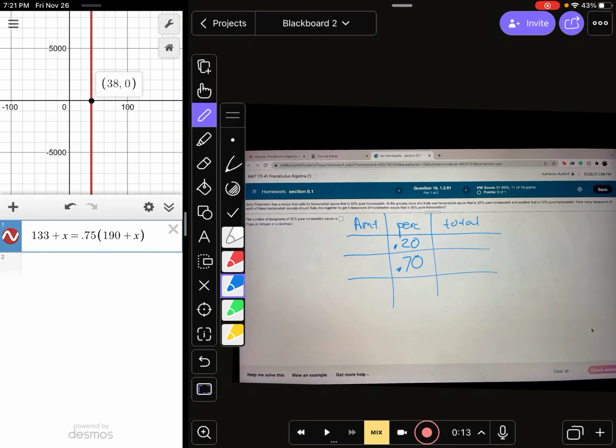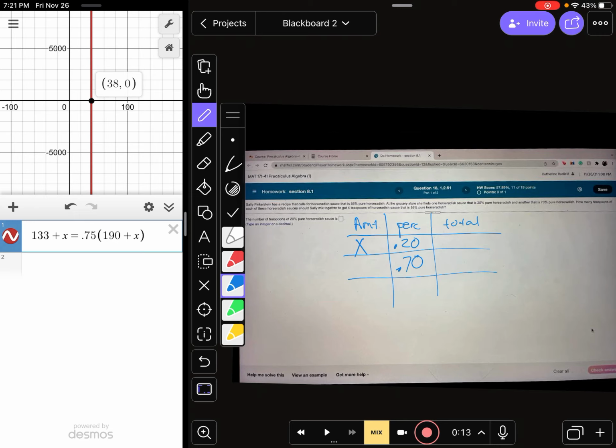How many of each horseradish sauce does she mix together to get 4 teaspoons? Okay, so I don't know the amount of the first one. So I'm going to call it X.